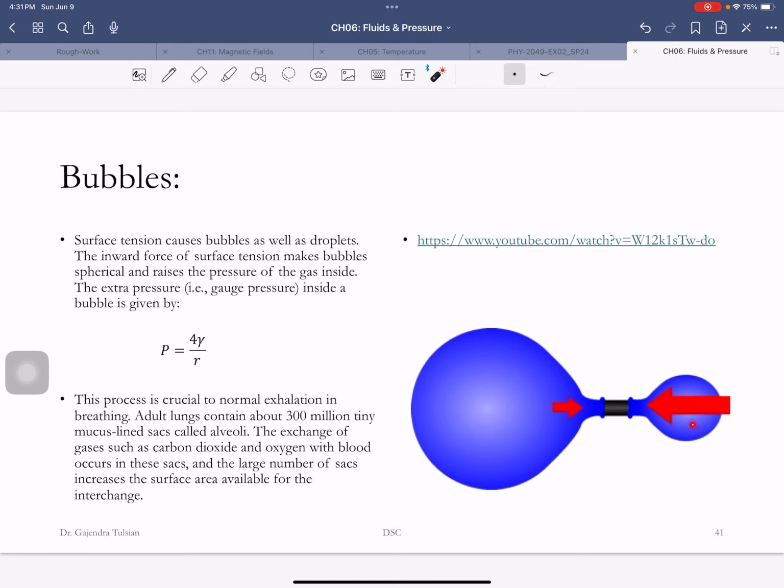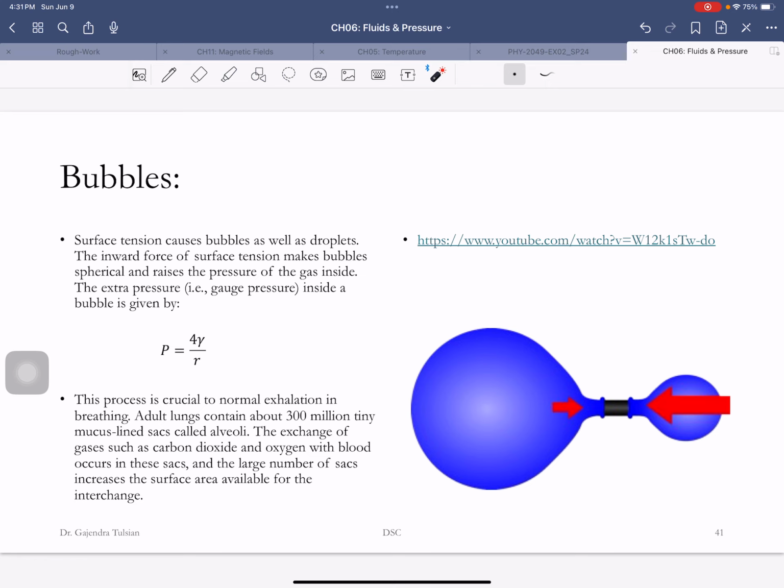For a balloon to stay, there's atmospheric pressure, and the balloon is exerting a force, so the air inside has to be at a higher pressure. The extra pressure is given by this expression: 4 gamma divided by the radius, where gamma is the surface tension of the material, in this case the tension of the balloon.